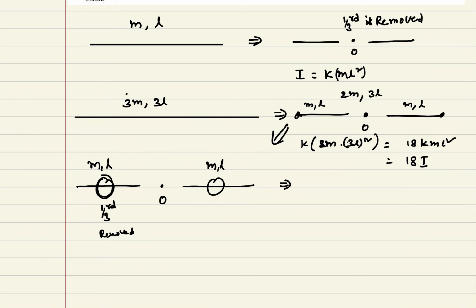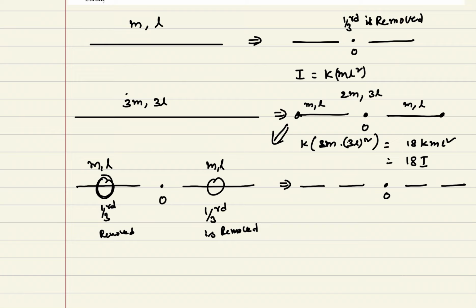Similarly, m comma l, one third is removed on the other side. Now I can write this as like this. This is my point O.